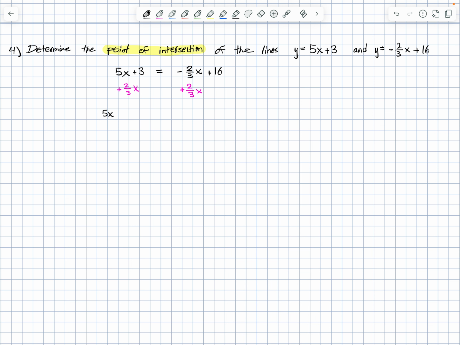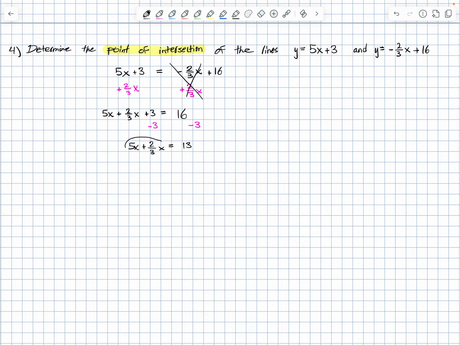So 5 plus 2 over 3x plus 3 is equal to, well, this just disappears, and I get 16 on the right side. Good. Now on the left side, I want to get rid of this 3, so I'm going to subtract 3 from both sides. So I get 5x plus 2 over 3x is equal to 16 minus 3, which is 13.